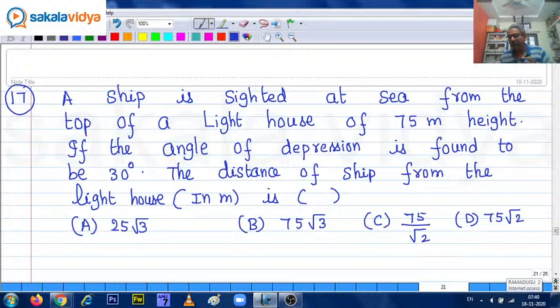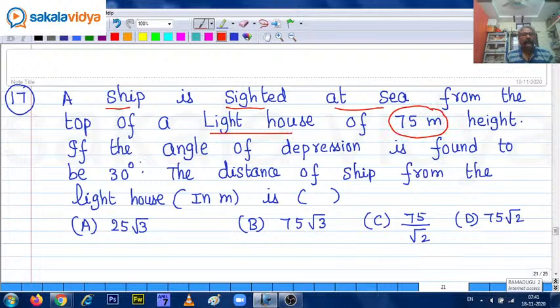So this is a somewhat different problem. A ship is observed at sea from the lighthouse, whose height is 75 meters.